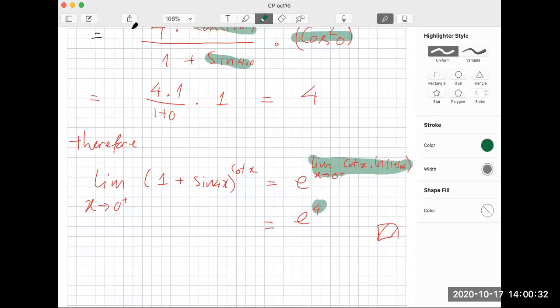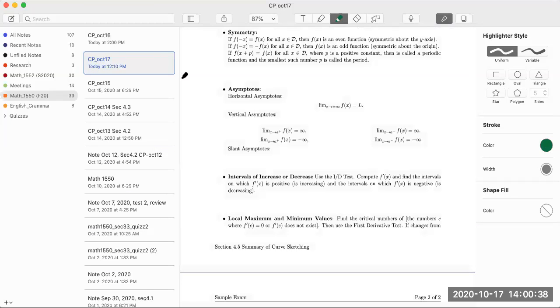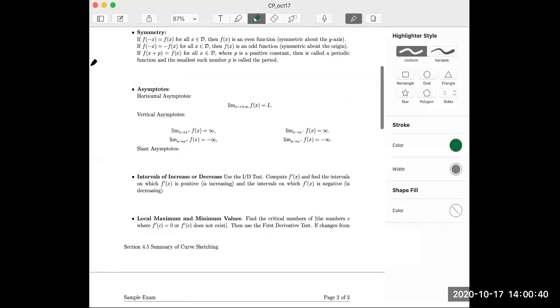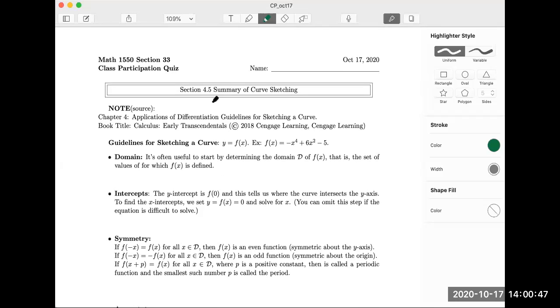Section 4.5. Now, take a look at the notes I sent you yesterday. If you were in class, you have a physical copy of this. If not, download it on Moodle. Here is the process of sketching a graph of any function.